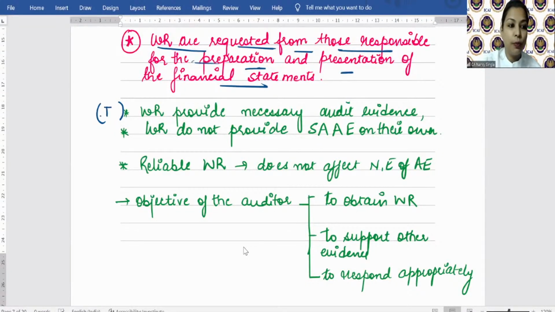So this is true. Tell me with respect to second, write 2 and then your answer. Written representation do not provide sufficient appropriate audit evidence on their own. Priyanka, Jyoti, Vidya, Khojema, Dhyanesh. Absolutely correct. Send me the reply with respect to the next also.